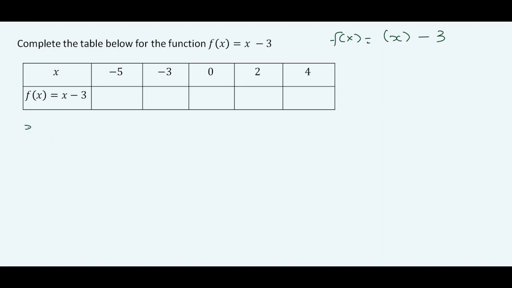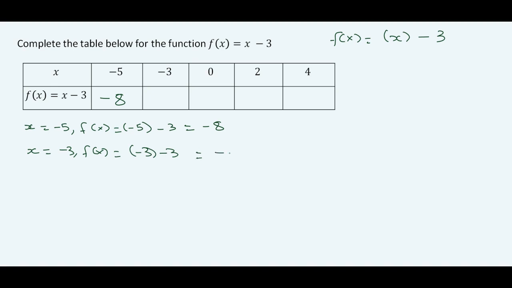So x equal to -5, f of x equal to -5 minus 3, which is -8. We have that. X equal to -3, f of x equal to -3 minus 3, which is -6.